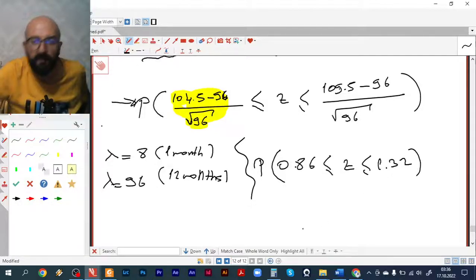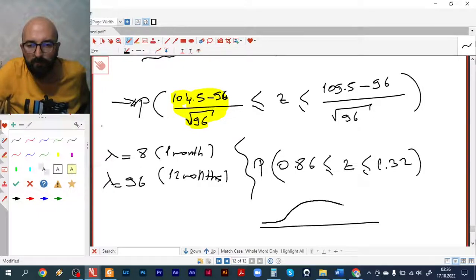1.32. Okay, I want to draw a curve with regard to the z value, here 0, 0.86 and 1.32. We want to figure out the area between these points.